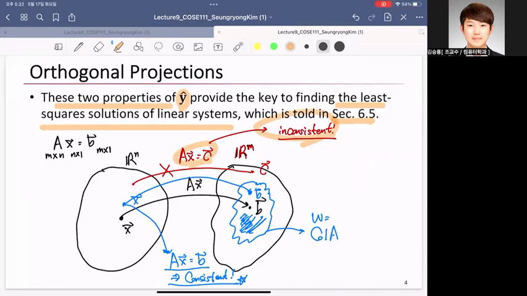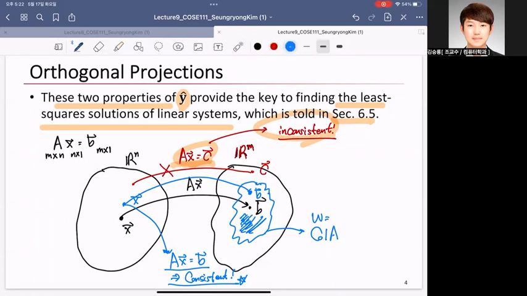So what should we do next? Because we can't solve an inconsistent system, maybe you would just say we can't find a solution for this linear system. But we want to do better.